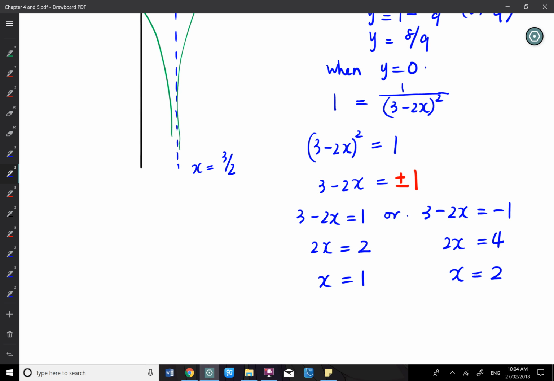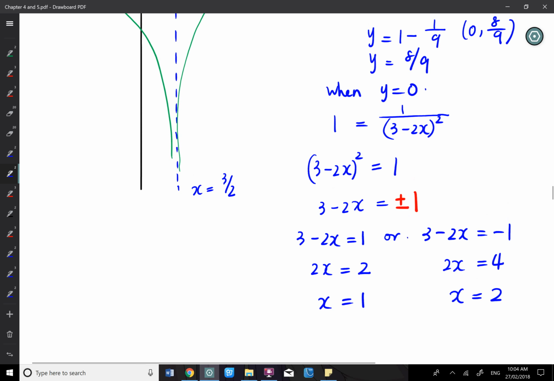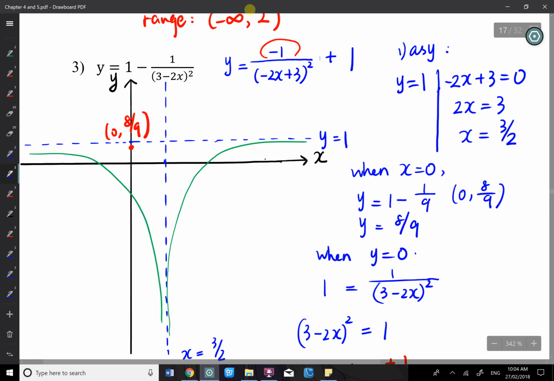Move 2x to the right hand side, move the constant to the left hand side. So we have (1, 0) and (2, 0).